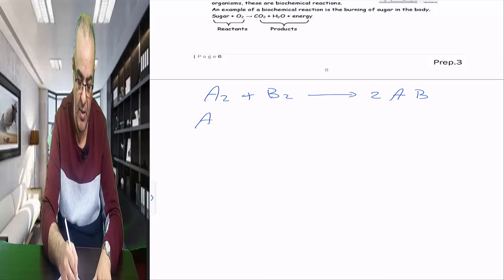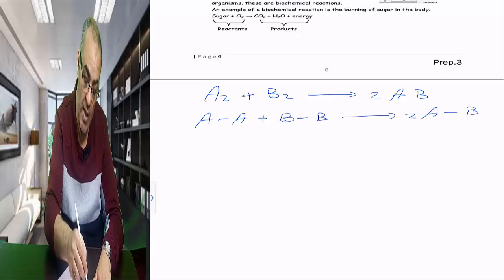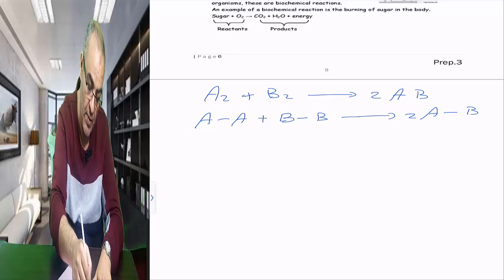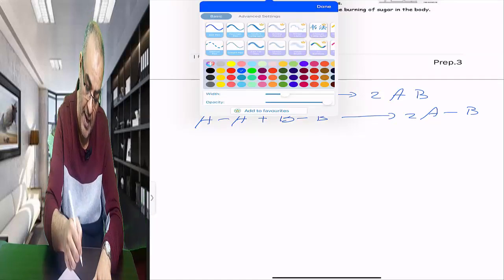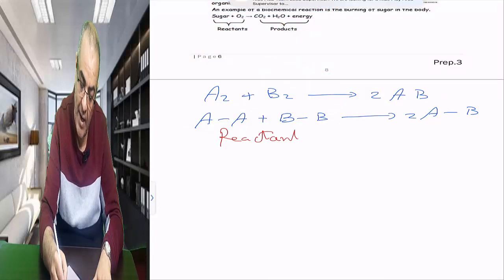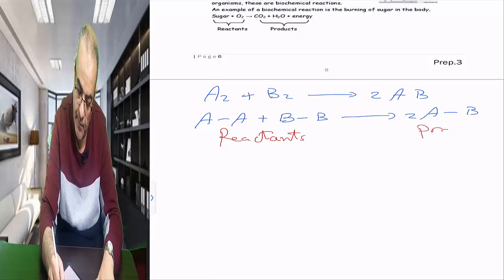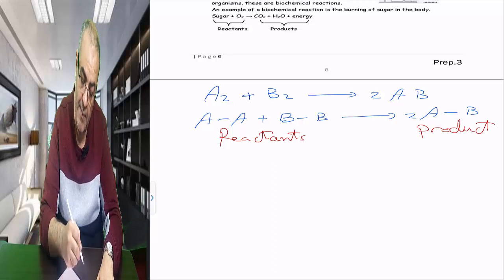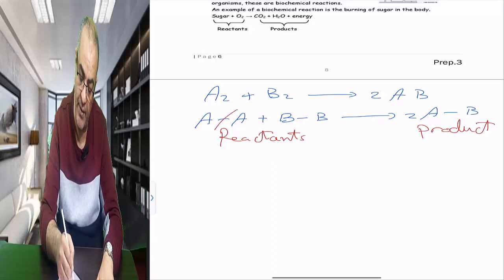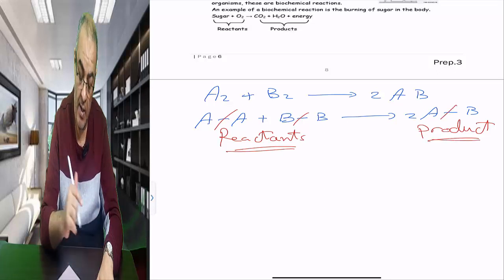If we write it as a structural formula, it will be A bond A, B bond B, giving 2 A bond B. This before the arrow is called reactants, and after the arrow is called products. So simply, a chemical reaction is breaking bonds in reactants to form new bonds in products.